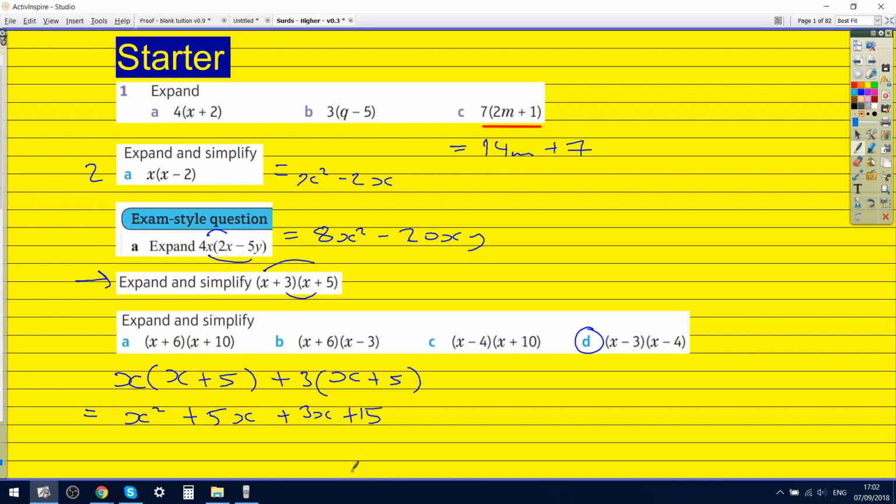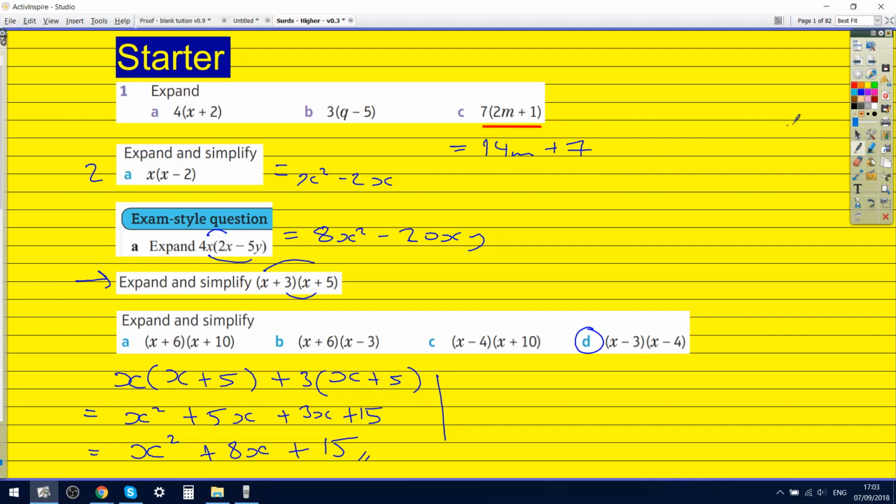And can you simplify that? You can only add x squared to x squared, so that's going to stay the same. X squared add 8x, add 15. That's it. The only thing you can do there is combine the two x terms in the middle.